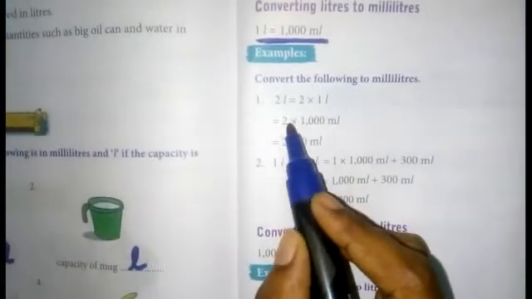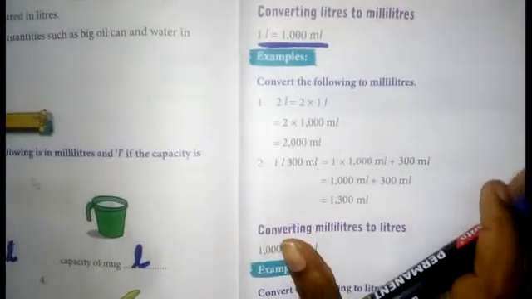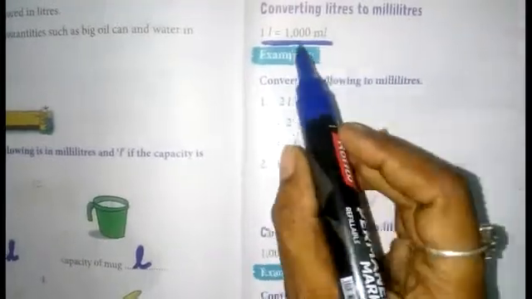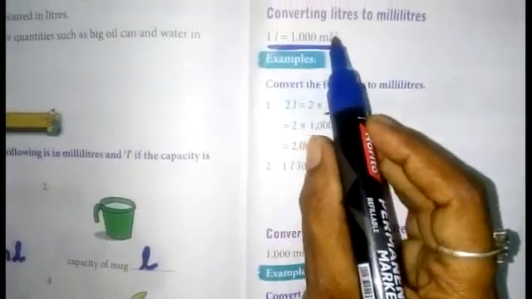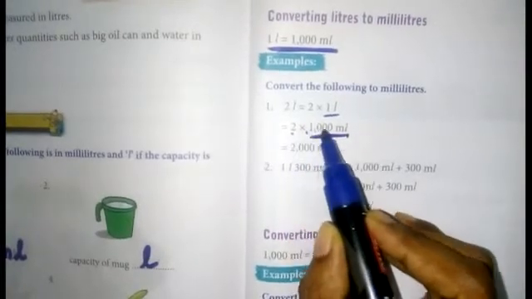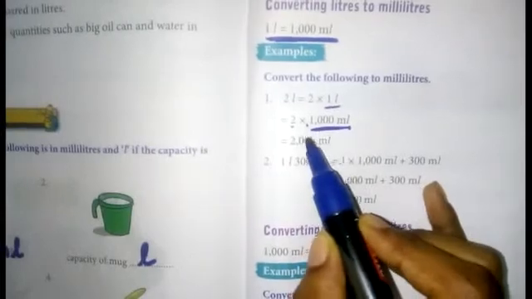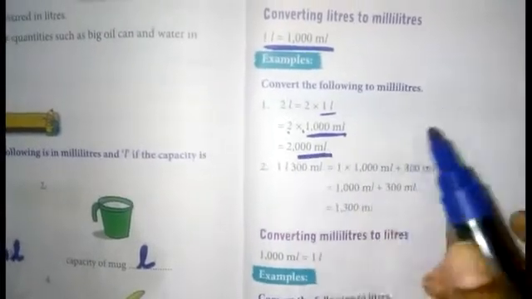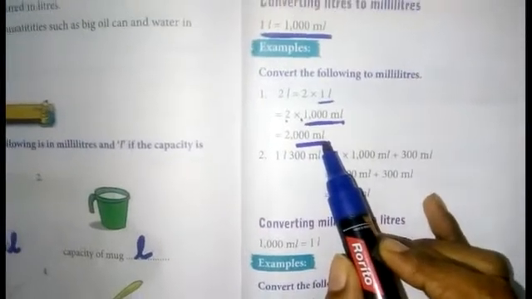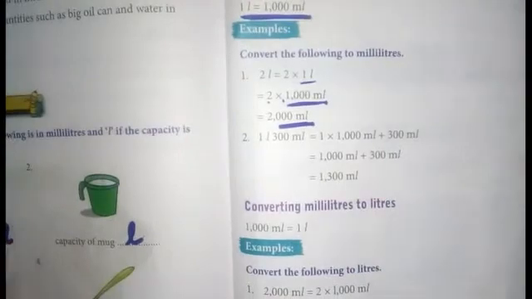You learned this in kilogram and gram, and the same method we are using here. 1 liter is equal to 1000 milliliter, so 2 into 1000 is equal to 2000. So 2000 milliliter. The question was in liter, and you converted it into milliliter, same as kilogram and gram.